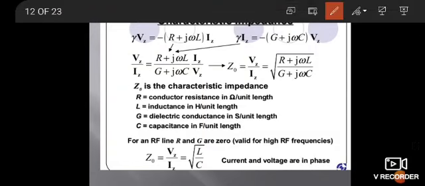So you can see from this equation that Vz by Iz equals R plus j omega L by G plus j omega C into Iz by Vz.